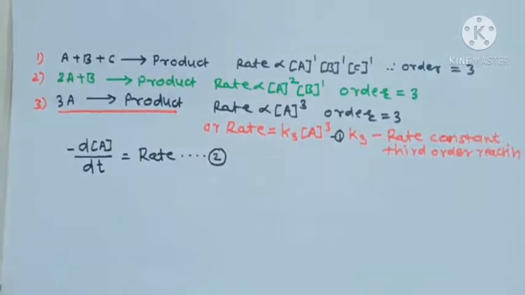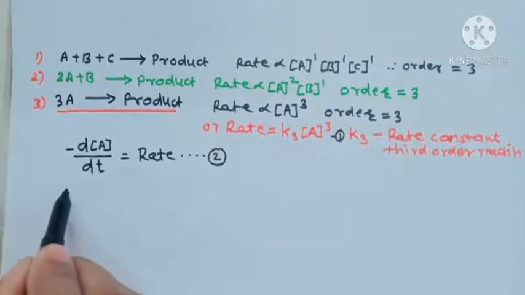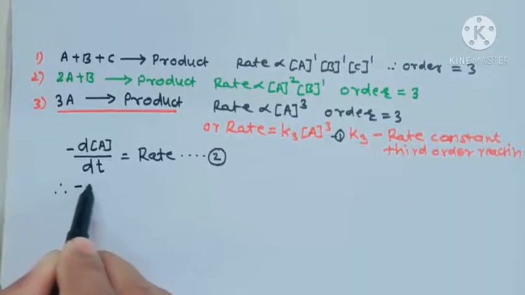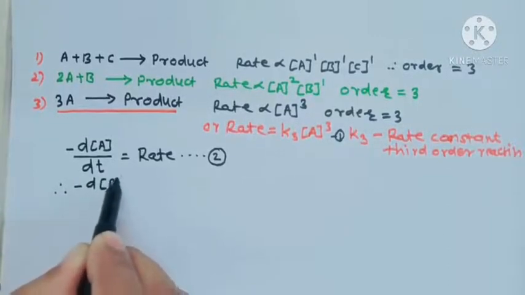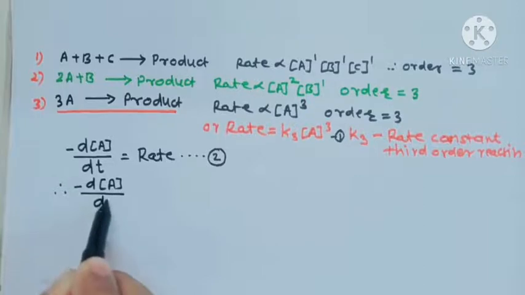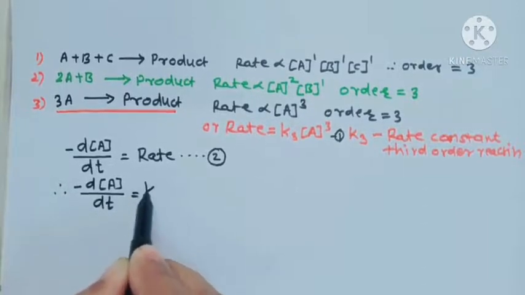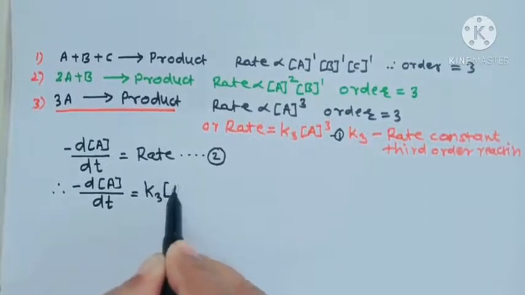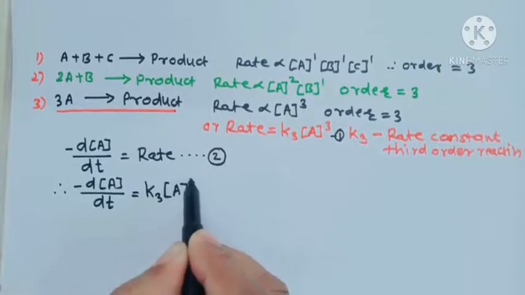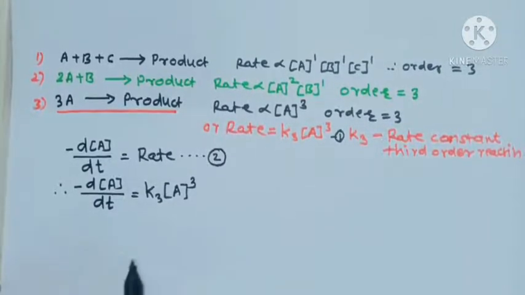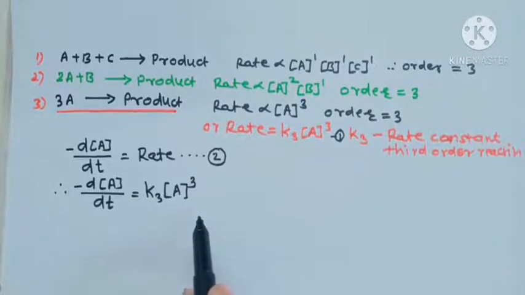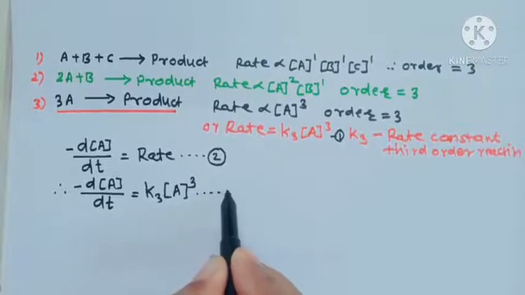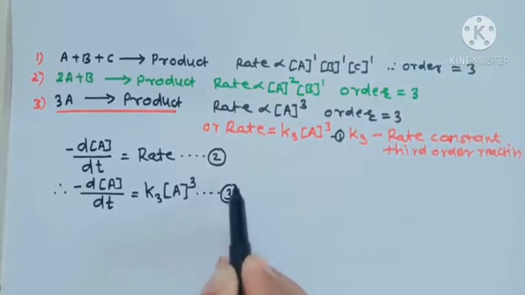If you see equations 1 and 2, we can equate these two equations and we will get minus dA by dt is equal to K3 into A raised to 3. Suppose this is equation number 3. Now we can rearrange equation 3.